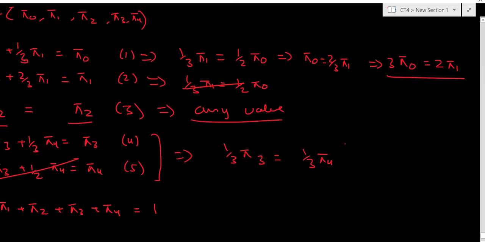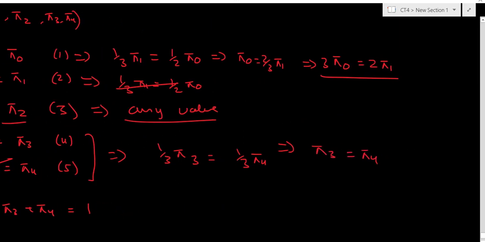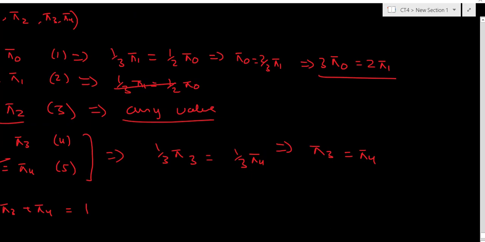So these would be any two quantities in the ratio of 1:1. Okay, and all of them have to add up to 1, right? All of them have to add up to 1.